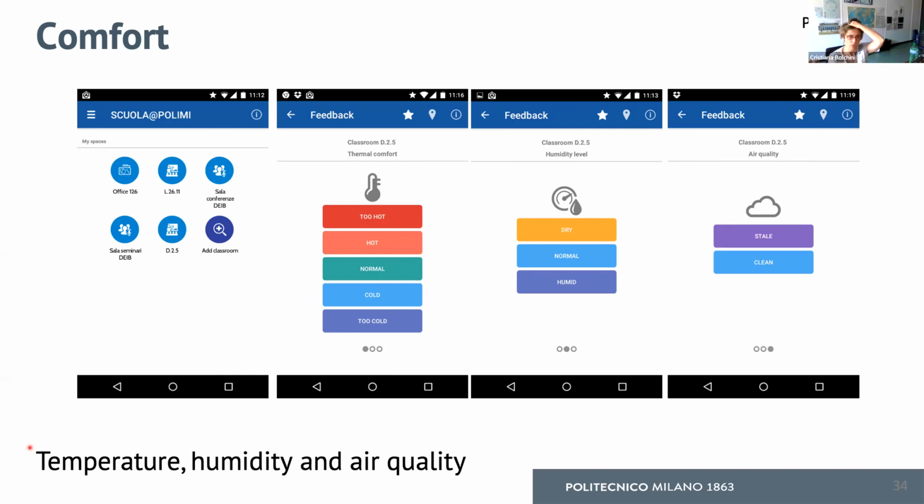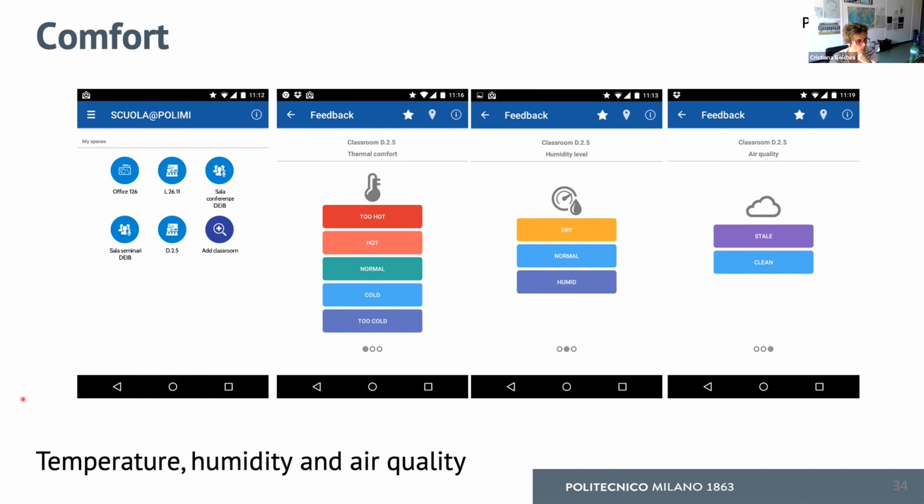In the classroom, for instance, students do not have the opportunity to independently go and change the temperature or the humidity. So these choices are going to be taken by the energy management system based on the perceived comfort and on the adopted strategies.